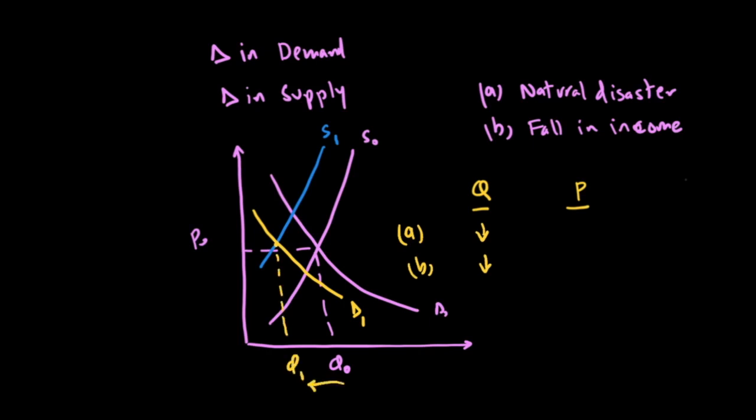But a natural disaster means the supply curve falls, and when the supply falls, we know the price will go up. So I'm going to write this, the price is going up. While at the same time, the fall in income will result in lower demand and therefore a lower price.